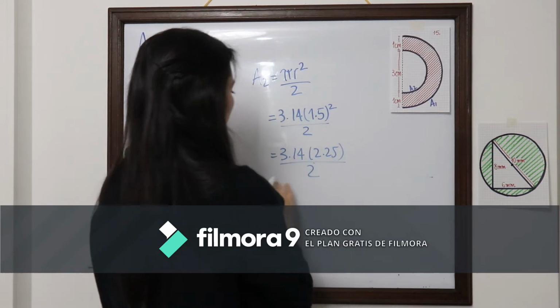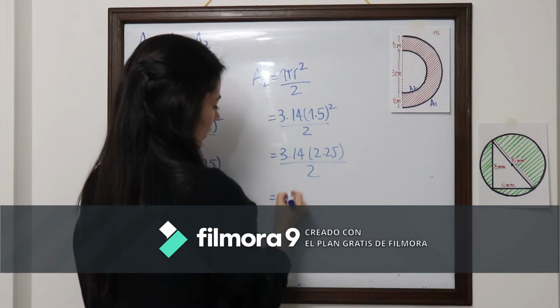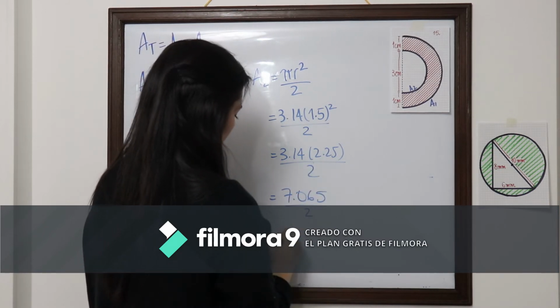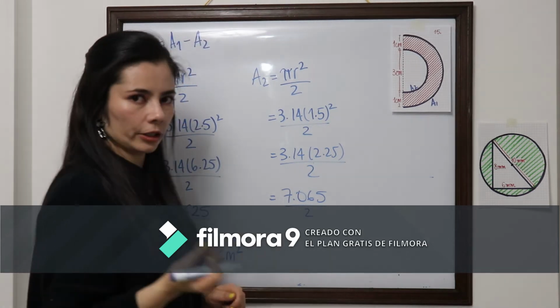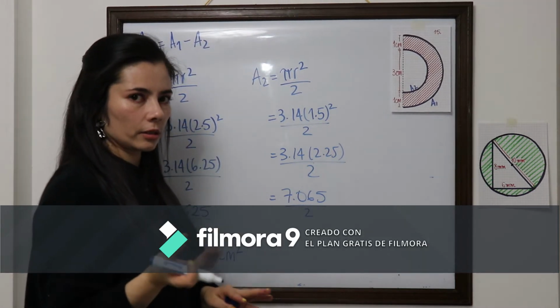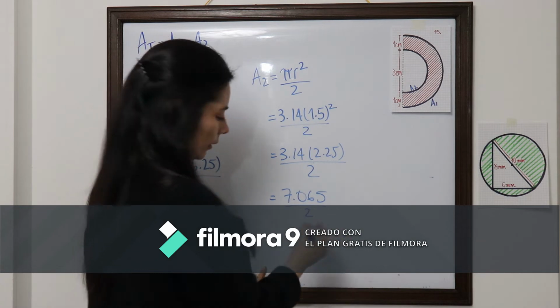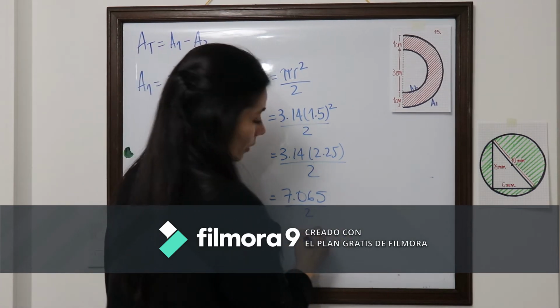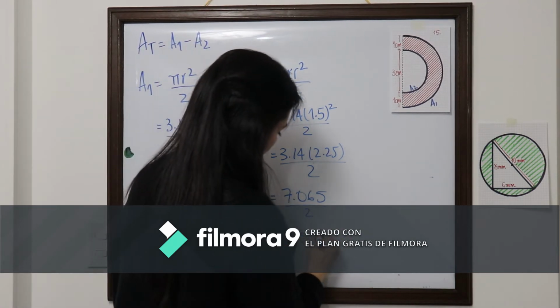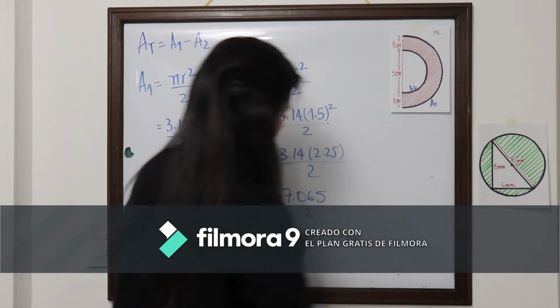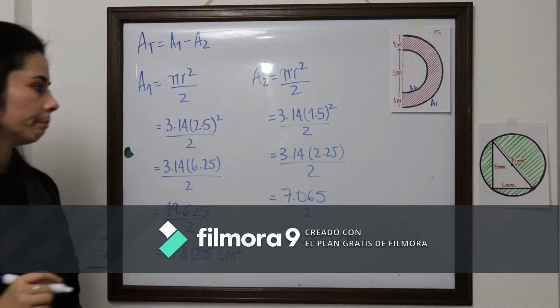And so that's going to get me, remember the 7.065 we got before? That's going to be the same one. So it's useful to keep our calculations on an extra paper, right? And so here, half of that is going to be 3.5325. That's what I had in my notebook. And so here, it's going to be square centimeters, right?